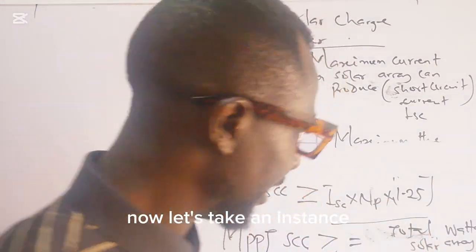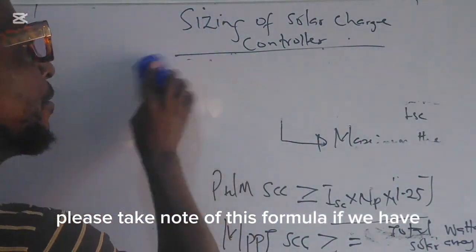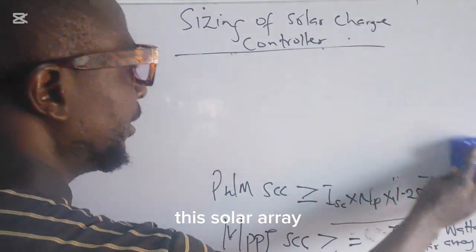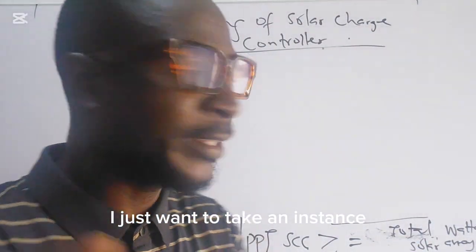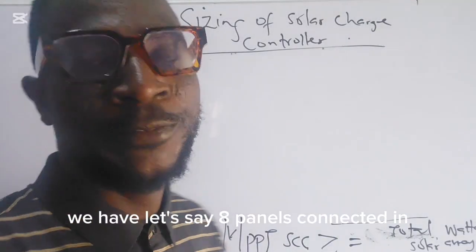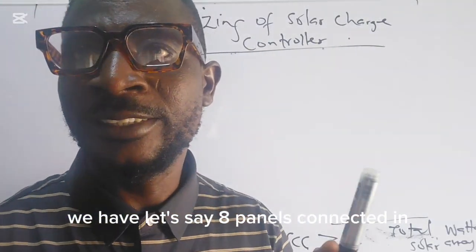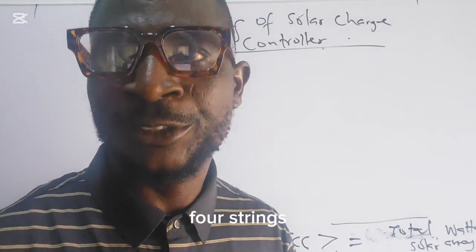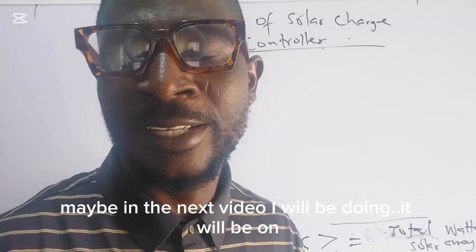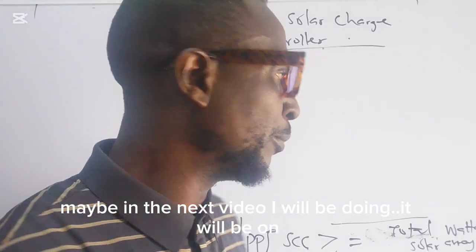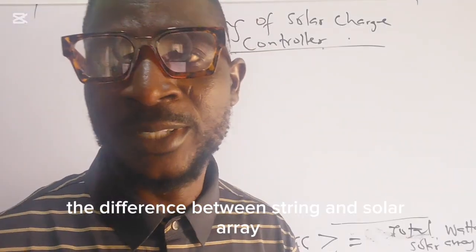Now let's take an instance. Please take note of this formula. If we have this solar array, let's say we have 8 panels connected in 4 strings. Maybe the next video I will be doing will be on the difference between string and solar array.